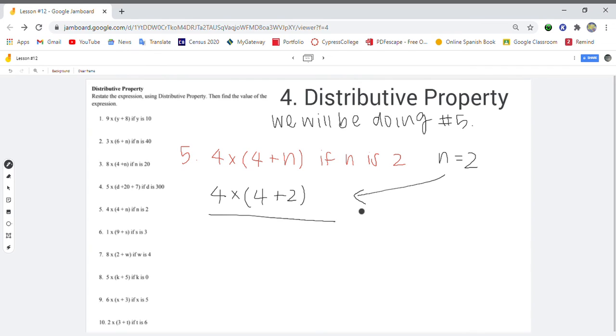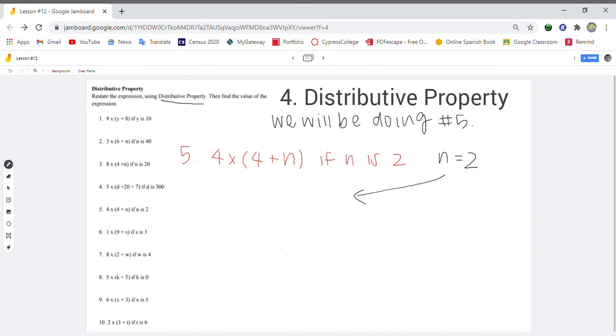And now we're going to do distributive property, because it says using distributive property. And so distributive property looks like this. 4 plus 2, so we're gonna, oh wait, I think they actually want us, without plugging it in, to distribute it with the variable. So let's do that.